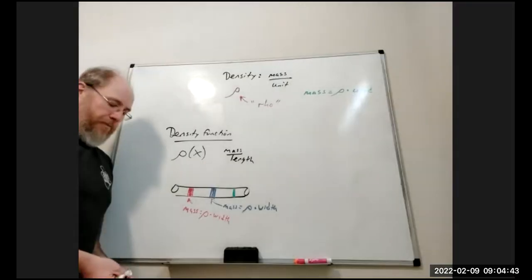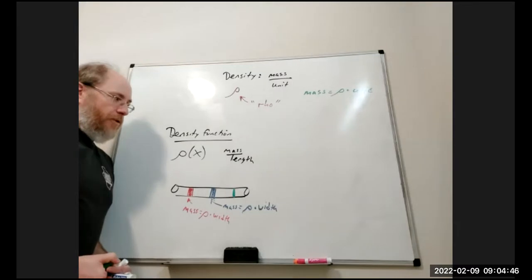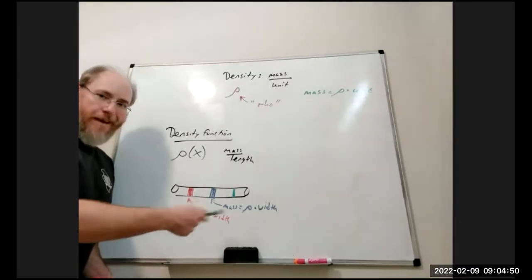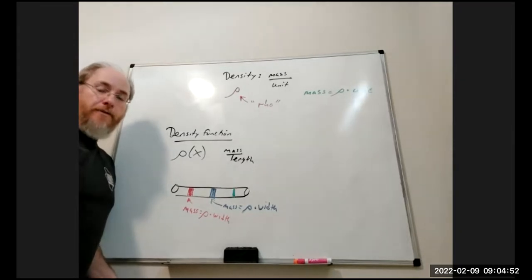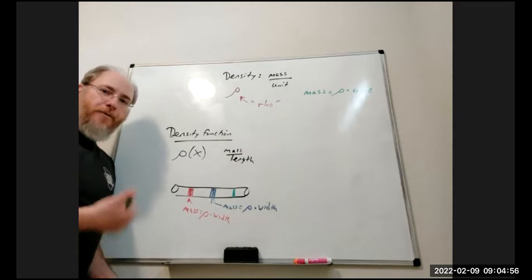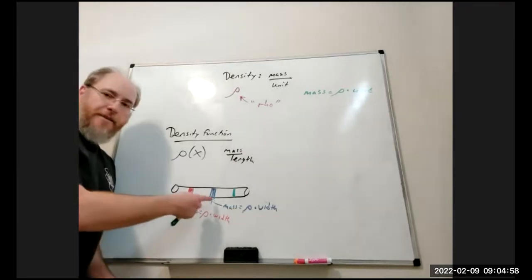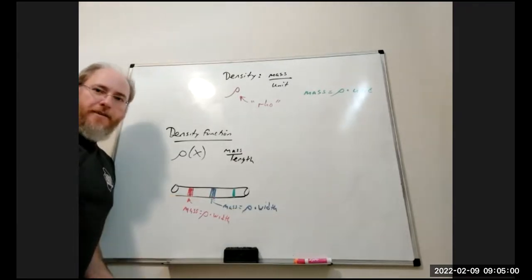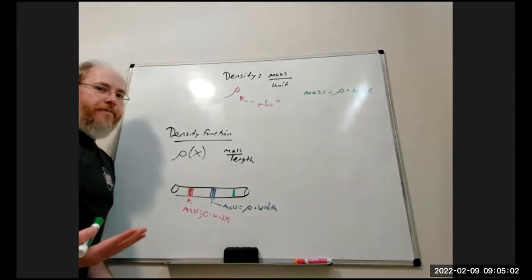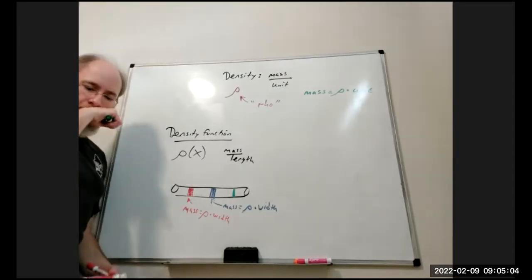Well, its mass is its density times width, and so on and so forth. Well, if I want total mass, then what am I going to do? I'm going to add up all those individual masses. Hey, wait a minute. We're adding up lots of little things. That's your integral.